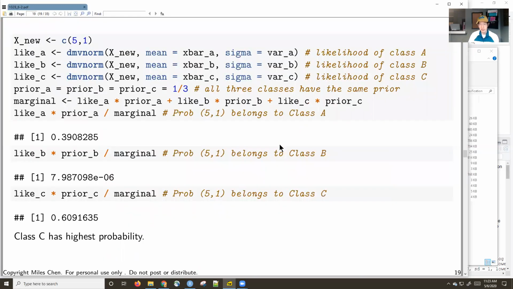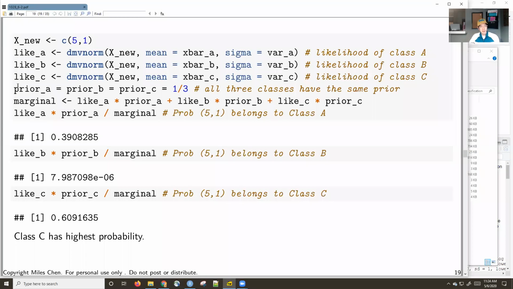Again, I do my calculations, and we get something closer to 50-50, but not totally 50-50. This is found using dmvnorm. Using the multivariate density, we get the likelihood of A, B, and C, using each one's respective estimated variances and mean values.